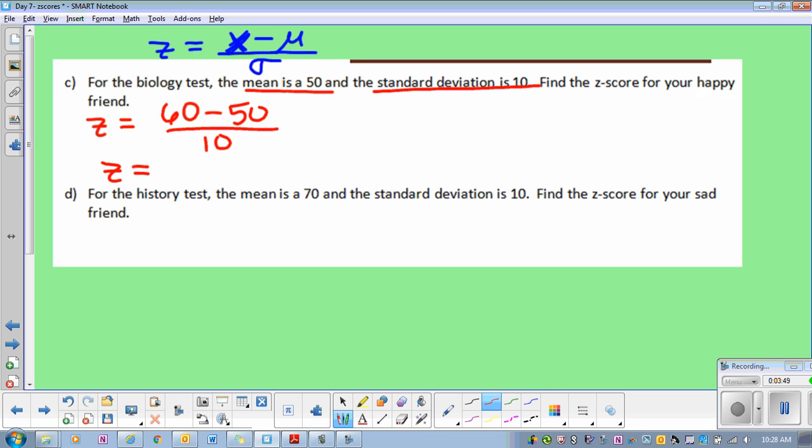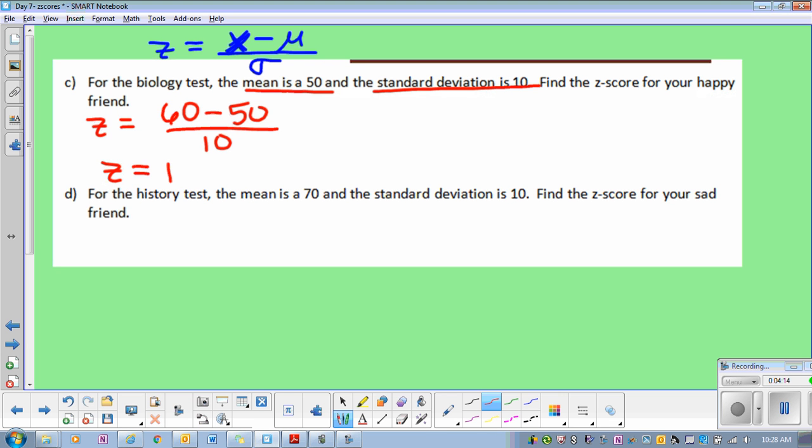When you put this in the calculator, put everything in the numerator first, then hit enter, and then divide by 10. So do 60 minus 50, enter, divided by 10. 1. So happy face has a z-score of 1.